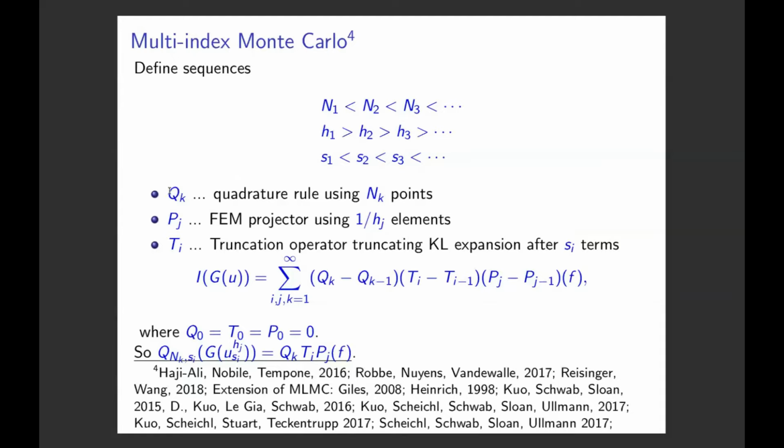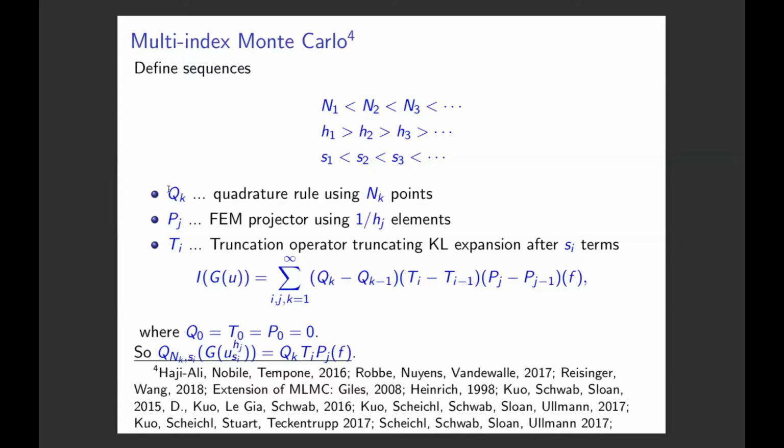Using these sequences, we define a sequence of quadrature rules, Qk, with each having nk points, a sequence of finite element projections Pj using, say, 1 over hj elements, and a sequence of truncation dimensions Ti.